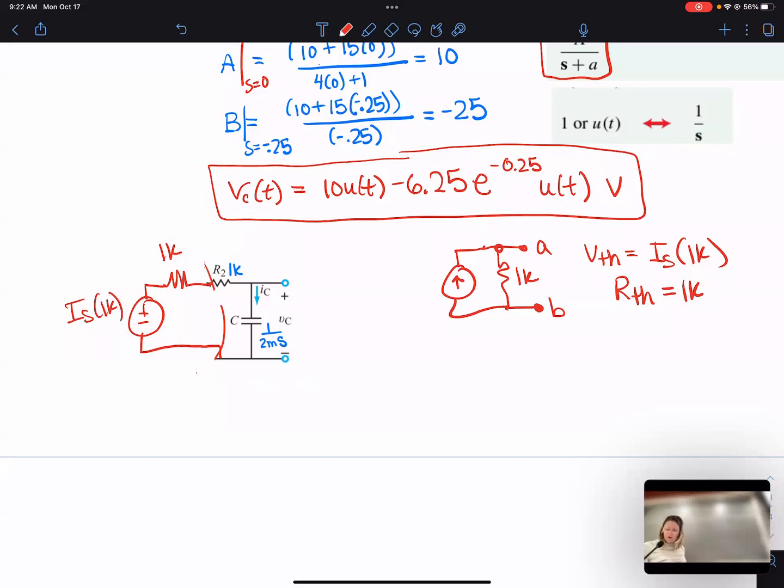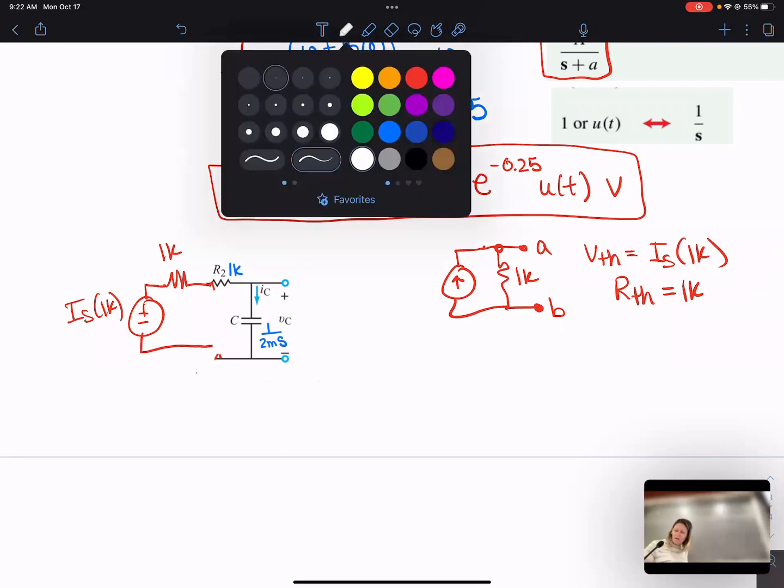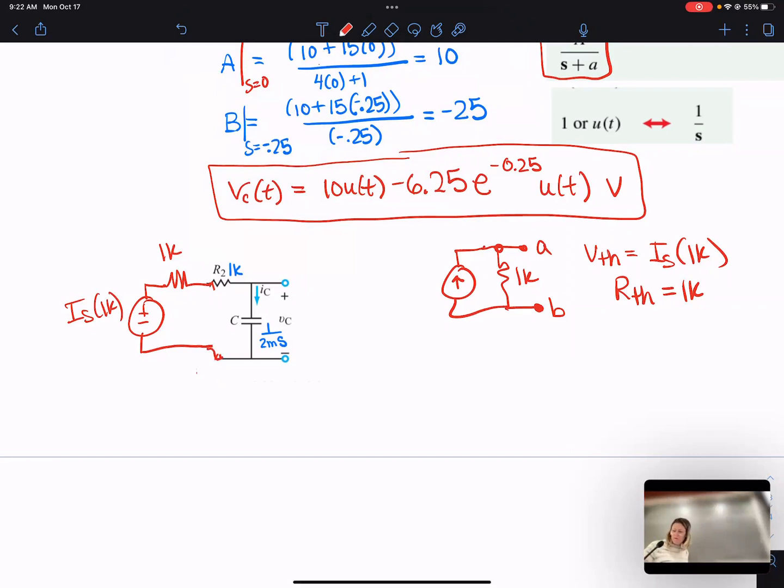So there's really no node, but you could call that VC and then do VC minus IS times 1K over 2K plus VC over 1 over 2 milli S, with my ground in there. You could do it that way. It will yield the same.